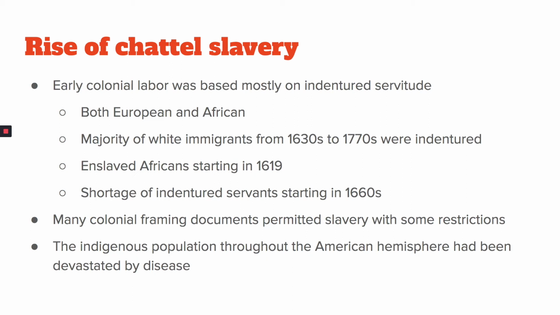And what ends up happening is, for a variety of reasons, there's a shortage of indentured servants coming to the American colonies starting in the 1660s. And some of that is probably related to the end of the English civil conflict that had begun in the 1640s and really ended in 1660 with the restoration of the monarchy.